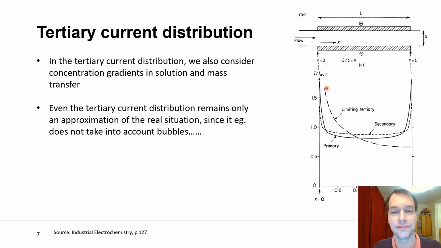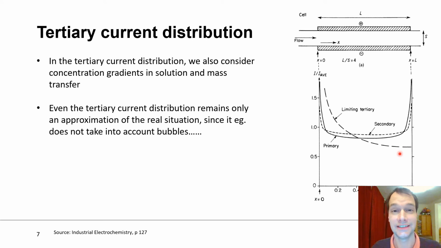So we can get very high current densities in the beginning, but then the current density will start dropping because of the depletion of the reactant. So it basically means that our limiting current density is going down. As you can see, this can have a quite profound influence on the current distribution profile.